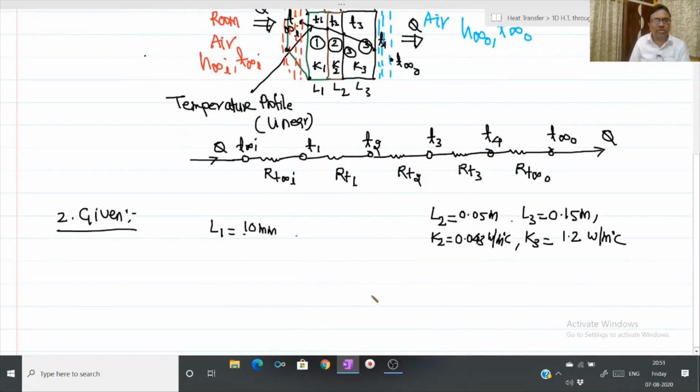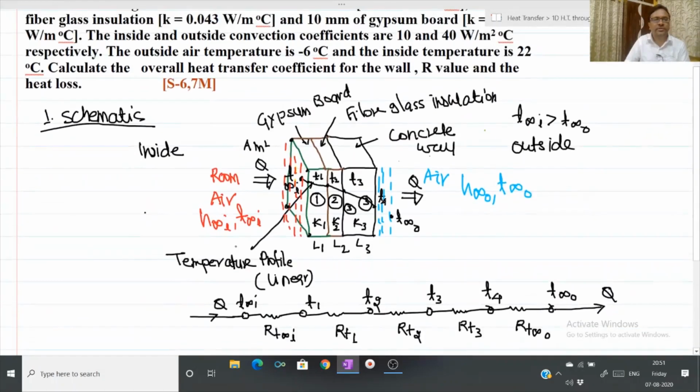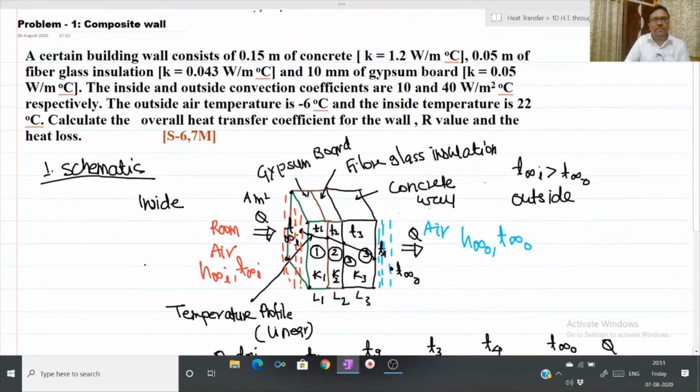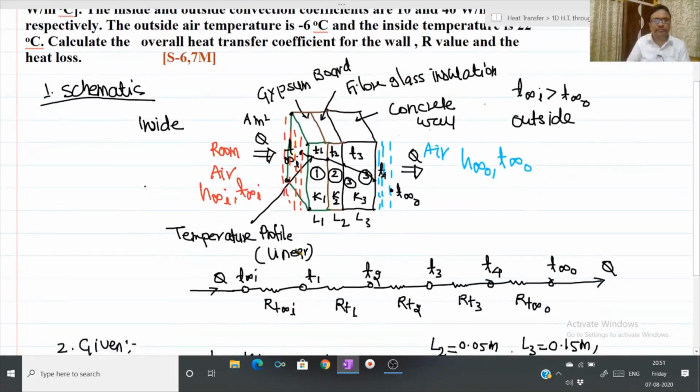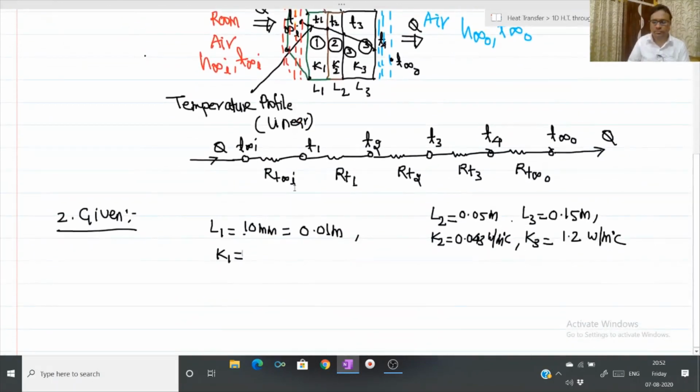So mm is not SI unit. We will immediately convert it into meter, and thermal conductivity of gypsum board K1 is 0.05 watt per meter degree Celsius.